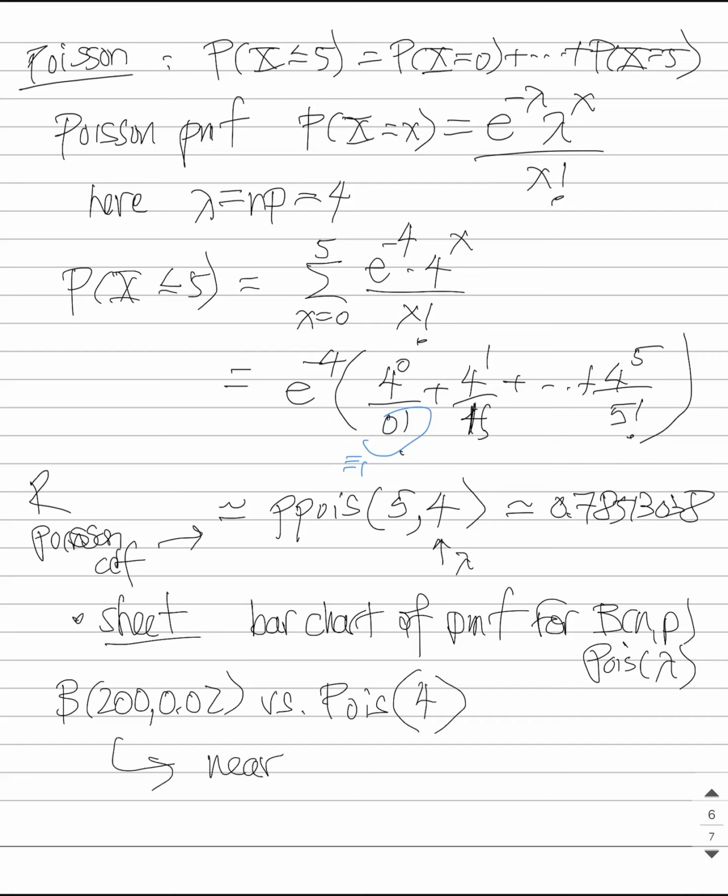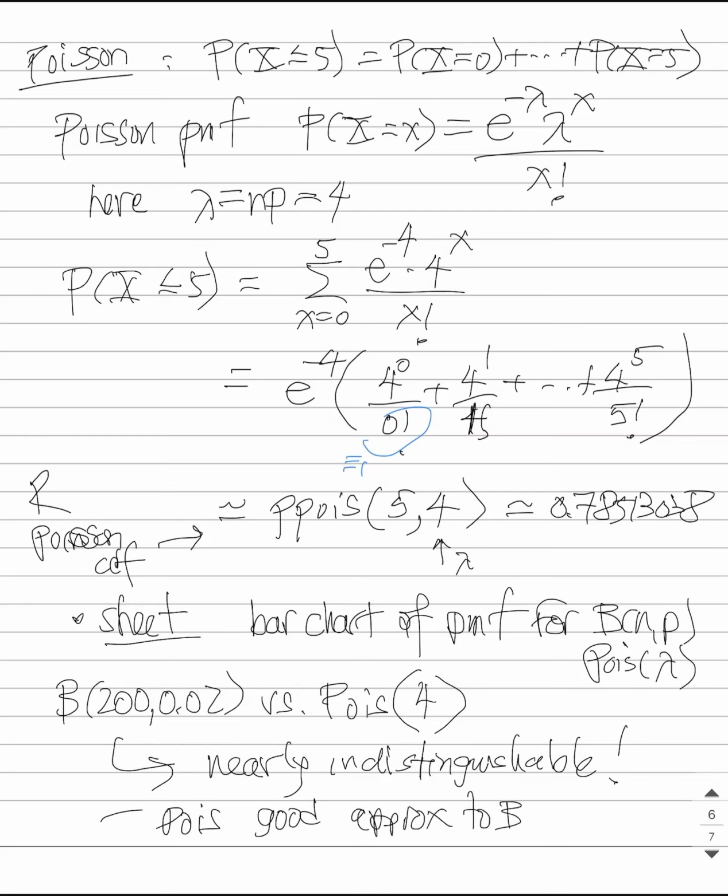They are nearly indistinguishable. The point of all of that is that Poisson is a very good approximation to binomial in this case.